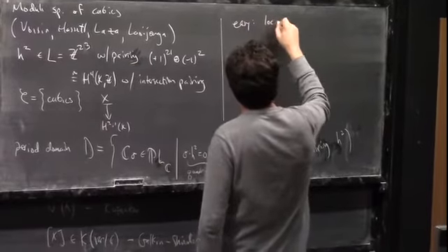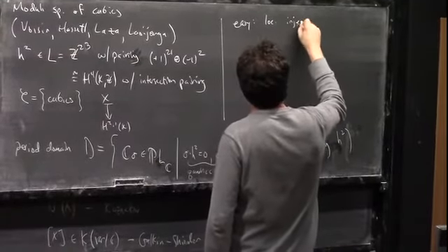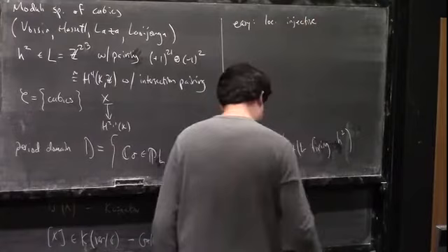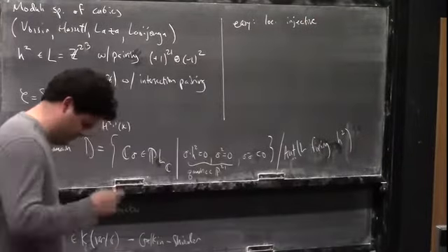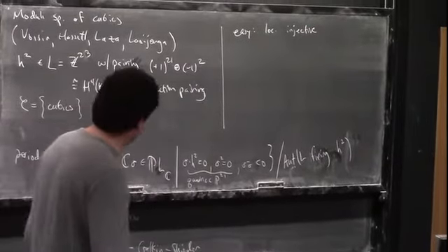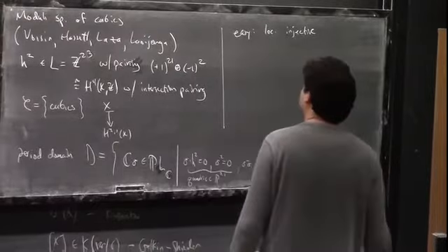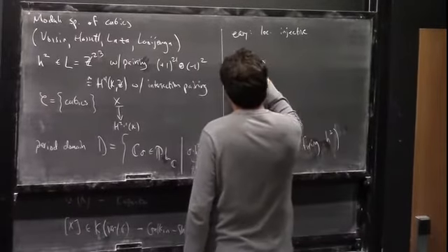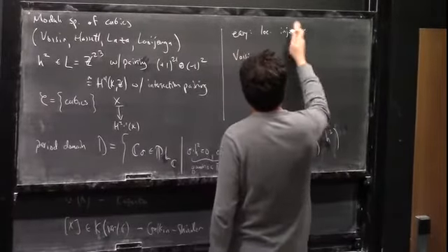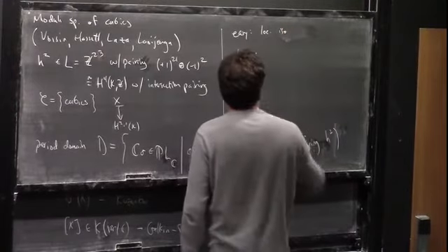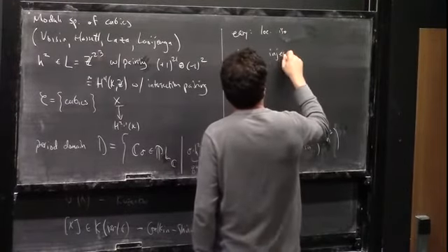And so what do we know? So easy is that it's locally injective. Maybe this is due to Griffiths, but maybe not. Voisin's thesis. It's locally an isomorphism. So Voisin tells you that it's actually injective.